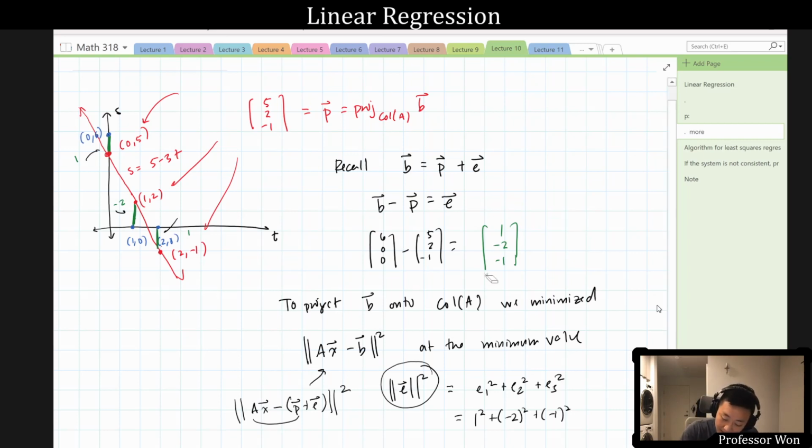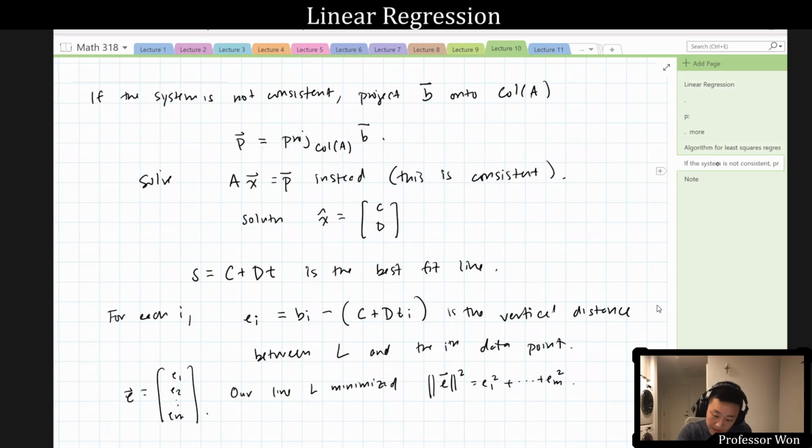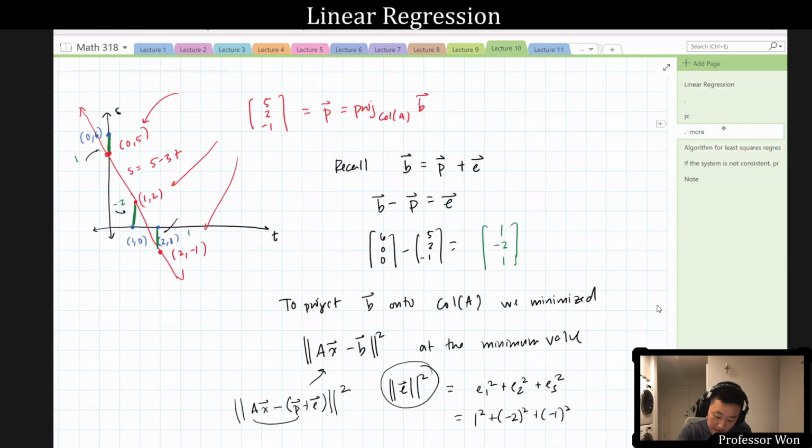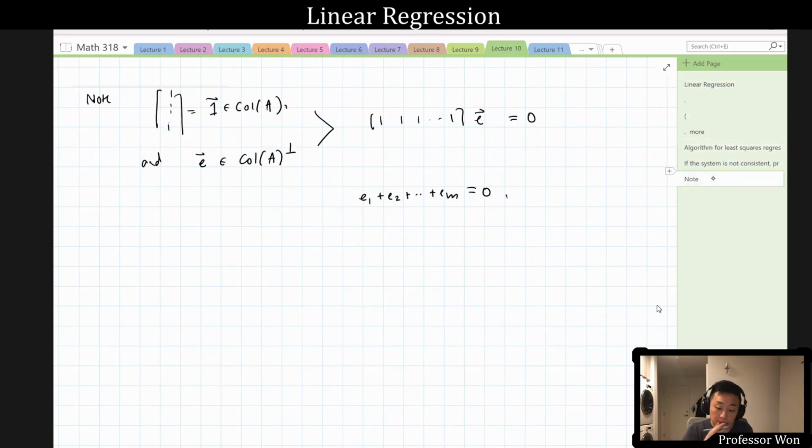Lots of mistakes here. 1, -2, and 1. That's a good sanity check, right? Did I make that mistake anywhere else? No, it actually looks correct everywhere else. Okay, so we've minimized the squares of the error terms, and also all the error terms happen to add to 0 by construction.